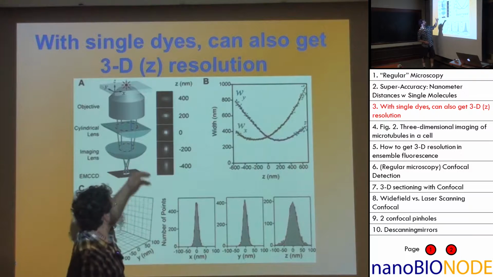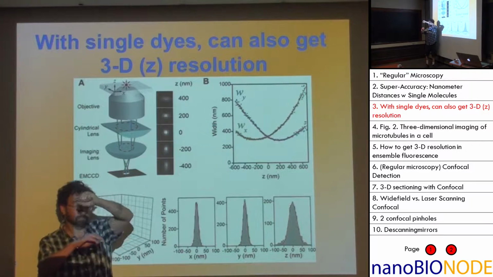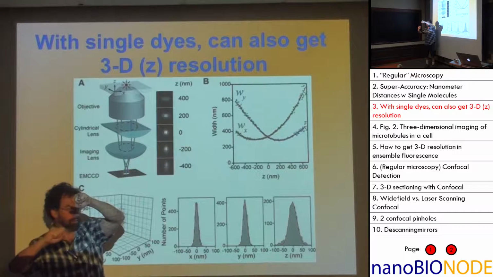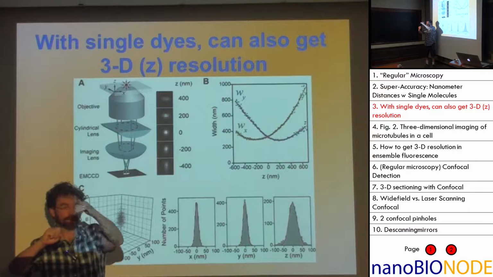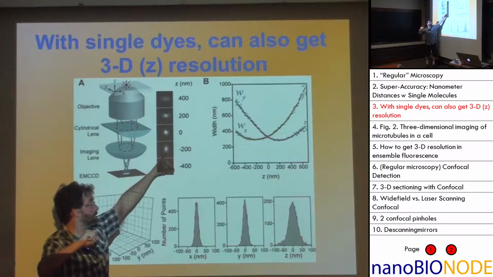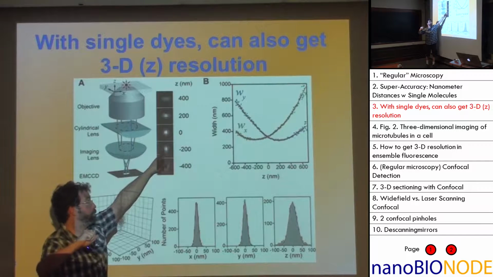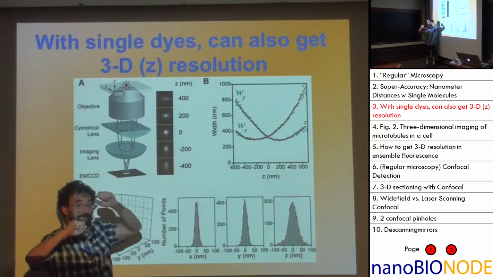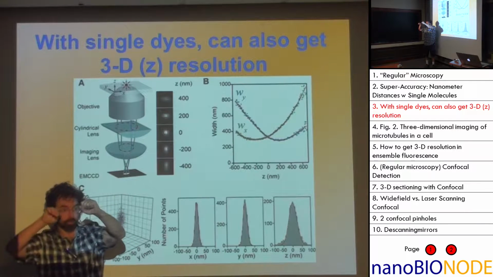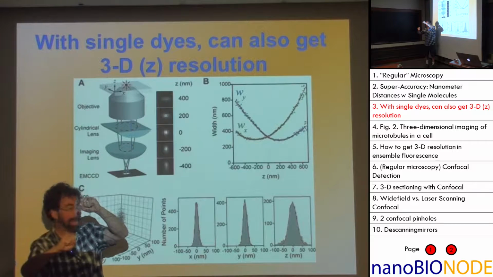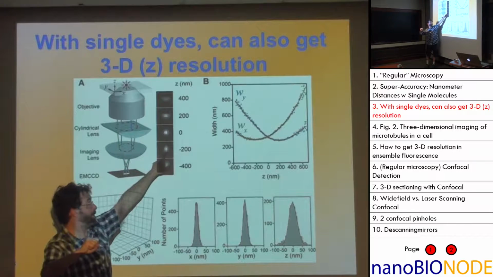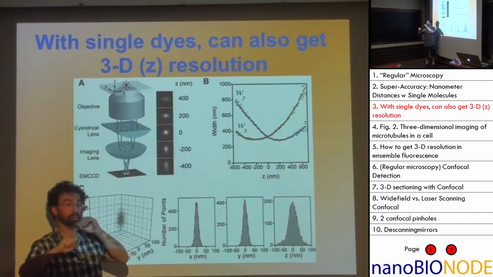Okay? Now, let's say you have Z equals 0 over here, and let's say then you have another molecule which happens to be over here. In that case, the image that you form will be something like this. The X and Y will be over a certain amount, and the Z, it's not moving, but the X and the Y will no longer be equal.